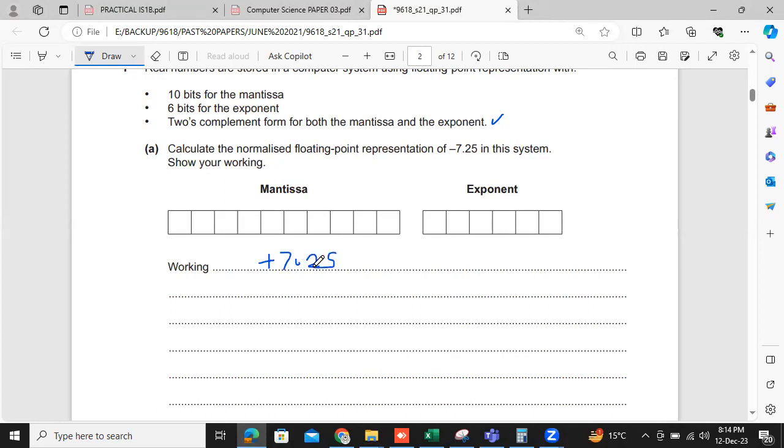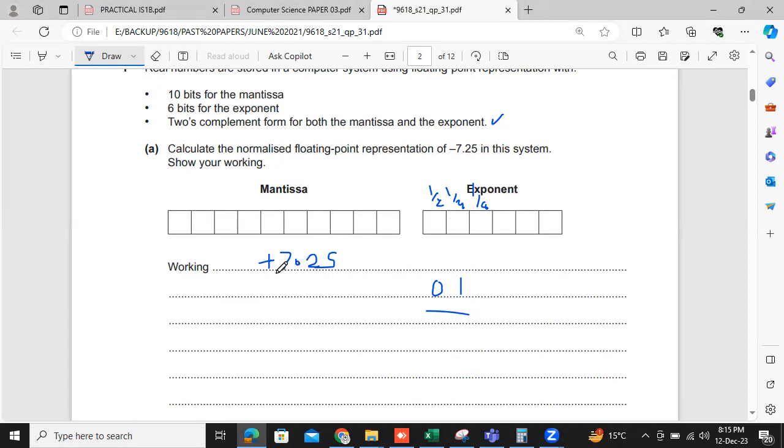So in the fractional part, what I will have is 0 and 1 over 2, then 1 over 4, 1 over 8, and so on. So 1 over 4 is basically 0.25. This is how we get 0.25 in positive, so that's not an issue.